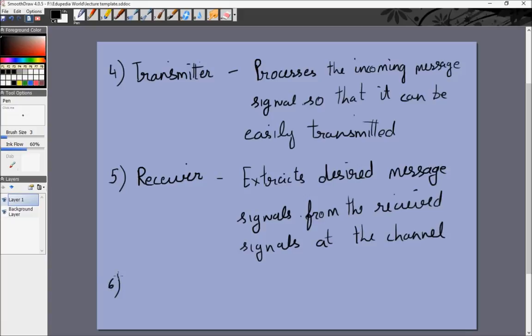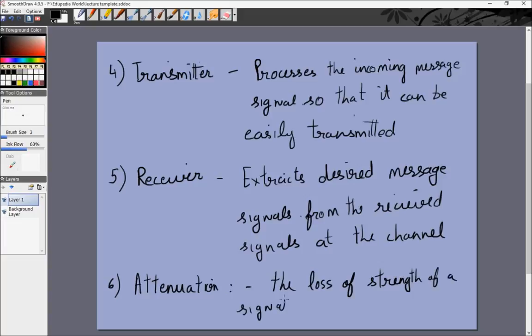Then we have some properties of the signal itself. One of the properties is attenuation. And attenuation is defined as the loss of strength of a signal while propagating through the medium.